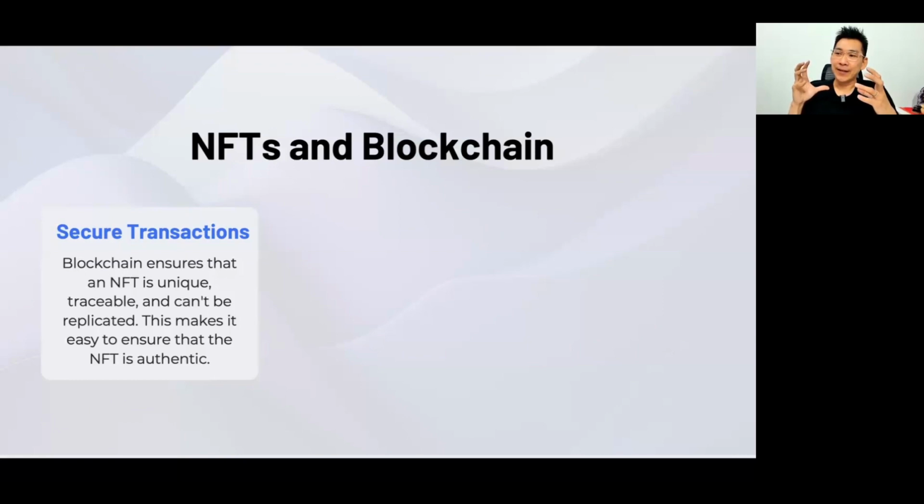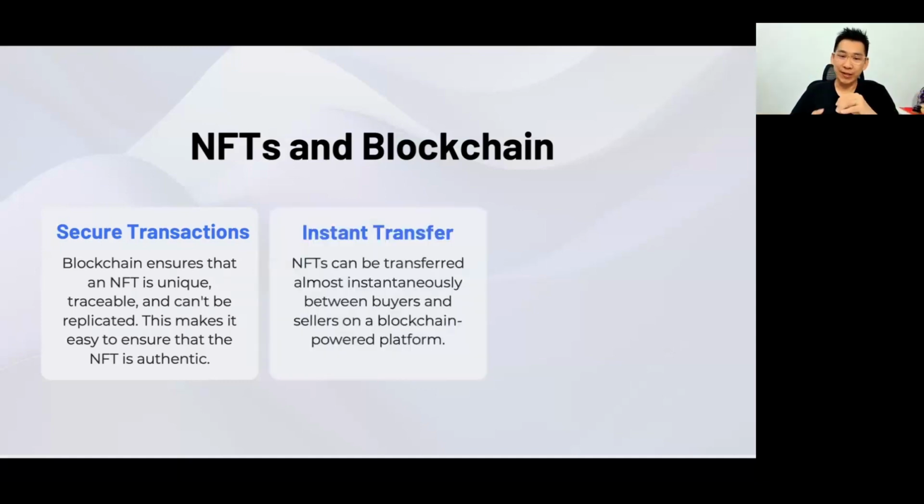Like for instance, you could stake your cryptos and then you get paid. So all of those are called DeFi. Then there's lending cryptos and so on. So blockchain, to be more precise, allows you to have secure transactions because it's decentralized and it is governed by everyone in that sense.